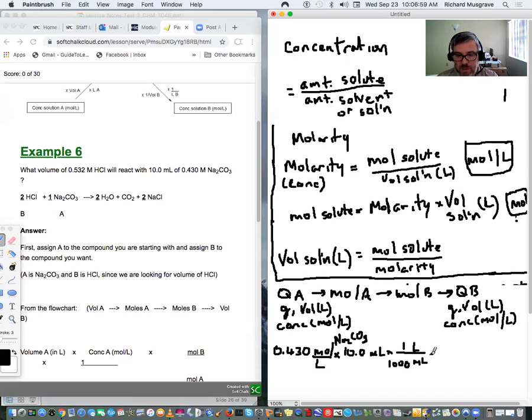Now at this point, what I have is moles of Na2CO3. That's where I'm at right now. But I need to get to moles of HCl. So I know that moles of HCl will be on top, and the moles of Na2CO3 will be on the bottom.